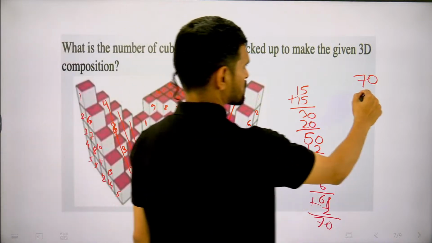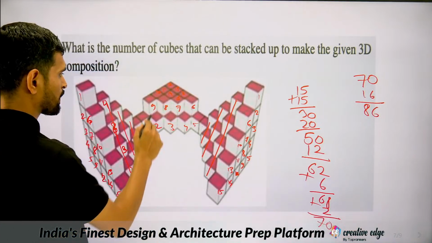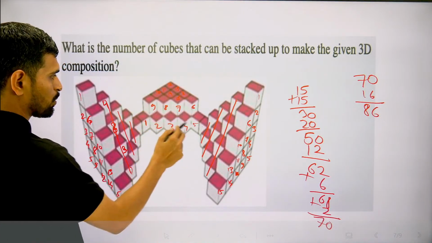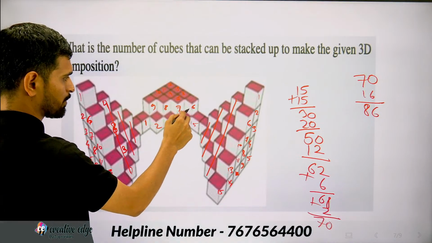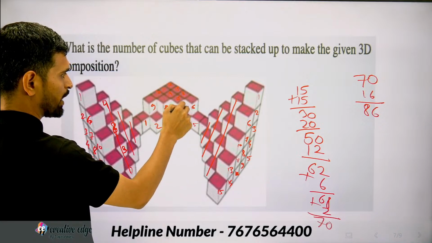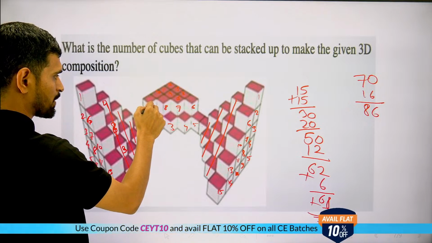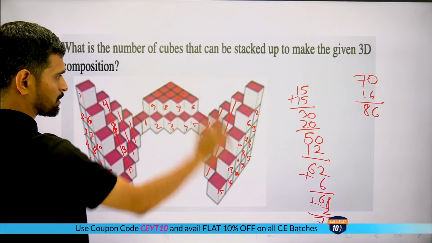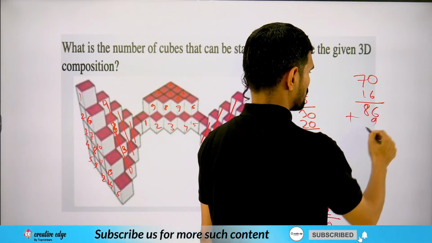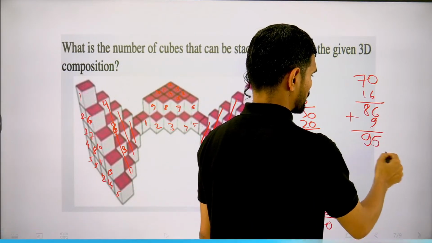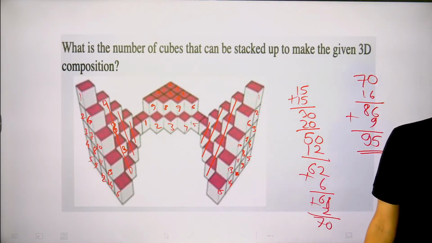Right, so 16 more. That makes it 86. Now count here. Behind this one, there will be 1 in the bottom. So 1, 2, 3, 4, 5, 6, 7, 8, and 9. So overall, 9 more cubes. So that makes it 95. So correct count here will be 95, right?